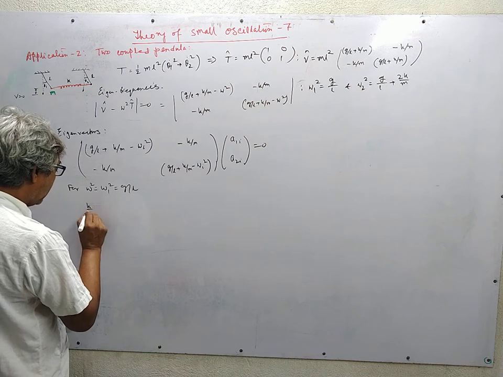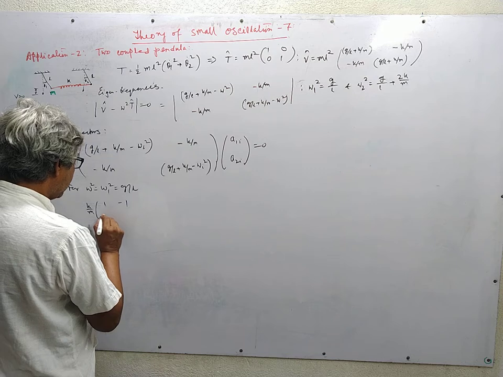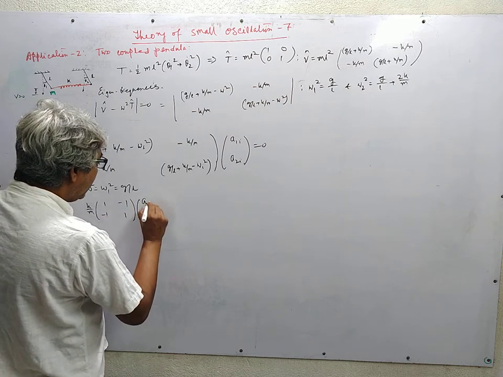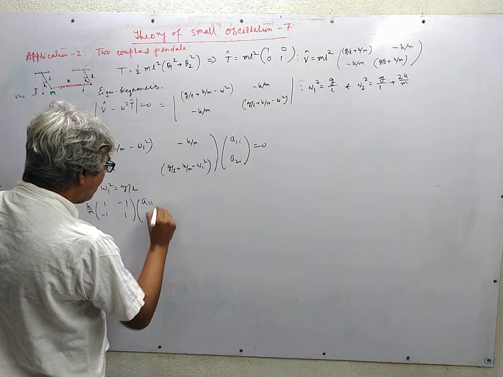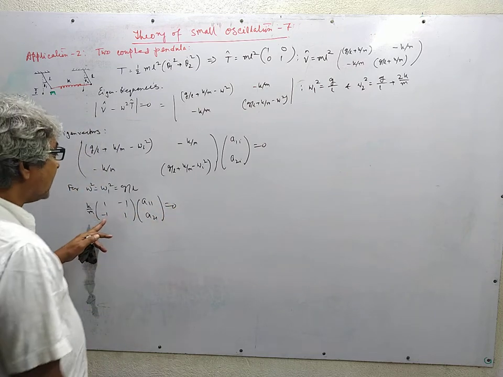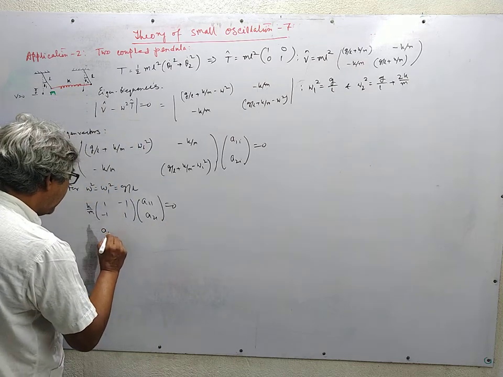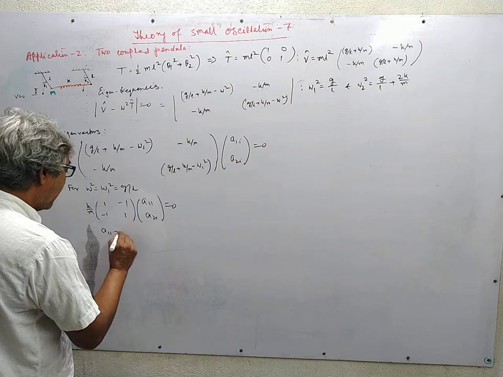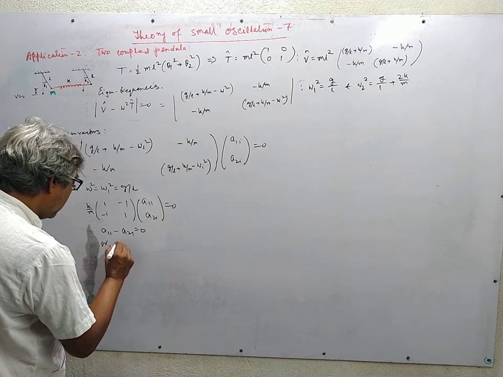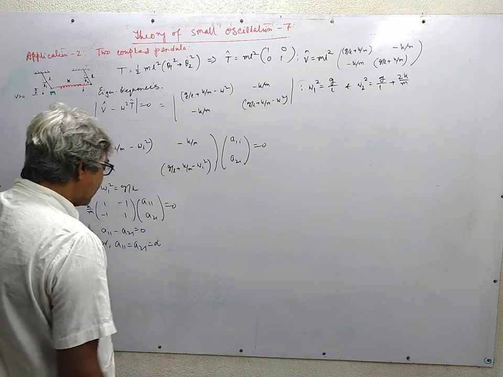So taking K/M common, this is the matrix 1 -1, -1 1 times A11, A21 is equal to 0. This leads us to A11 minus A21 is equal to 0, or A11 is equal to A21 is equal to alpha, say.